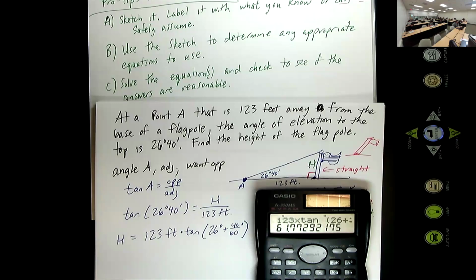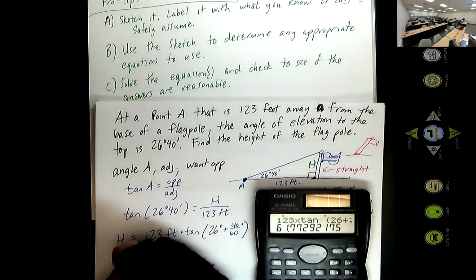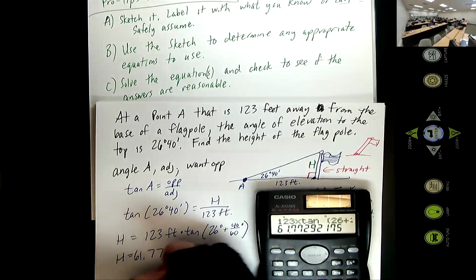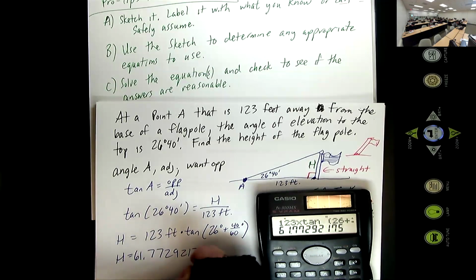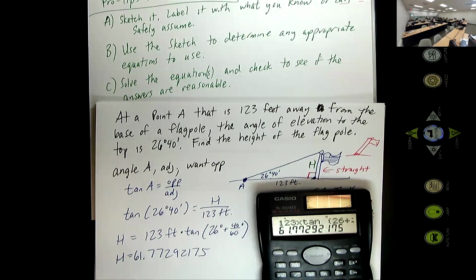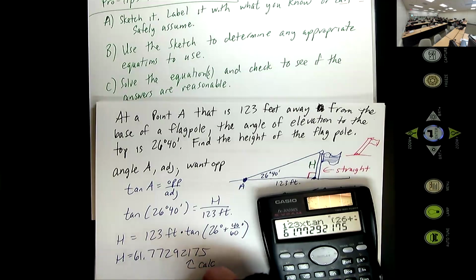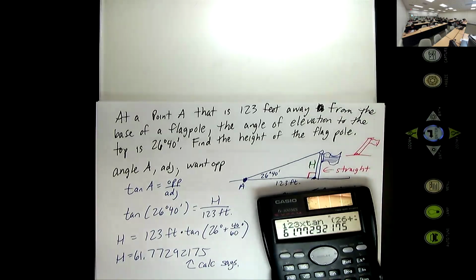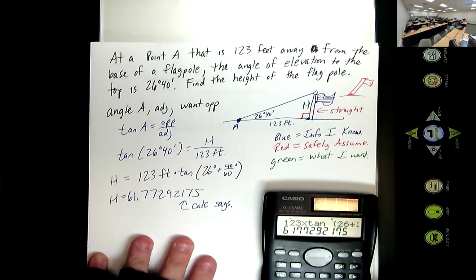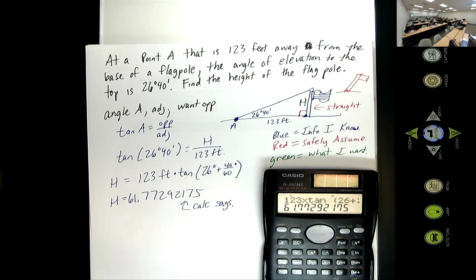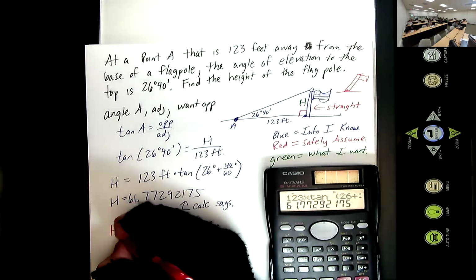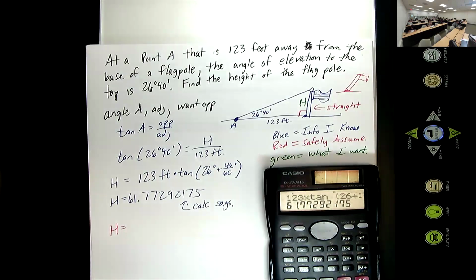When I do it, I get an overall answer of H equals 61.77292175. That's what my calculator says. What should I get for my answer? I've heard 61.77, I've heard 61.8.